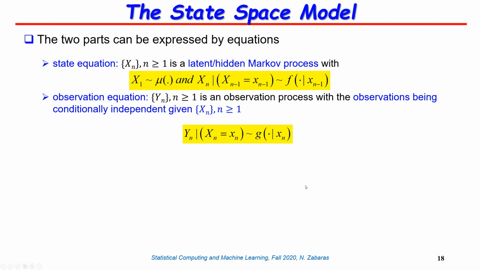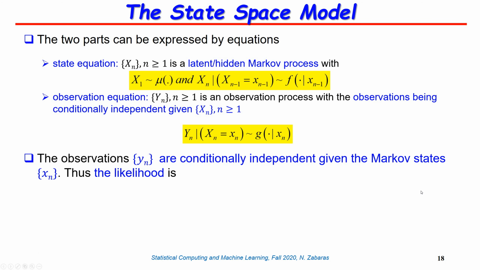And now we're going to have an observation model. An observation model will tell us at each time what is the probability of the observation yn given xn, and I will indicate this observation model with this density g. So again, f will be used for the dynamics, g is going to be used for the observations.